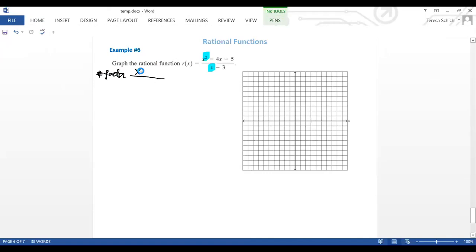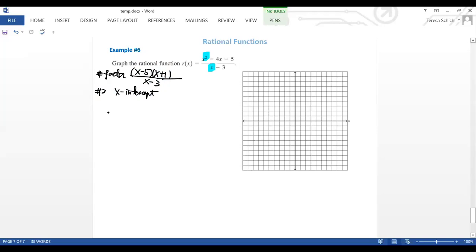So this is x minus 5, x plus 1, over x minus 3. I don't have any common term to cancel, so I know I don't have holes here. The next step is the x-intercept, which is y equal to 0.